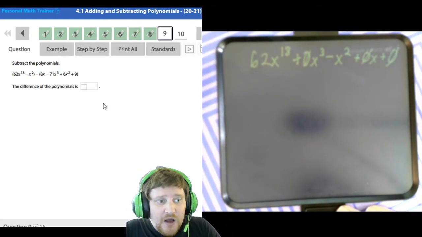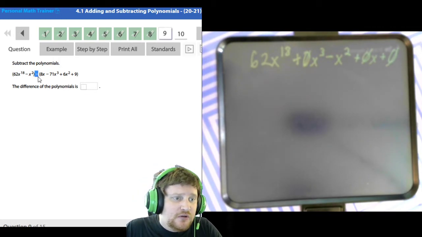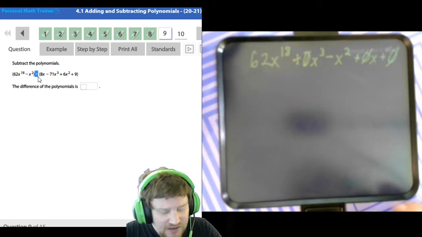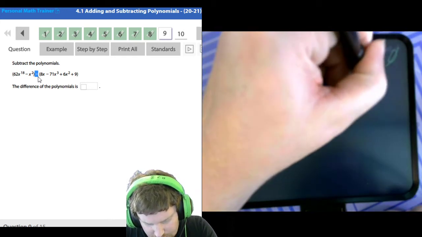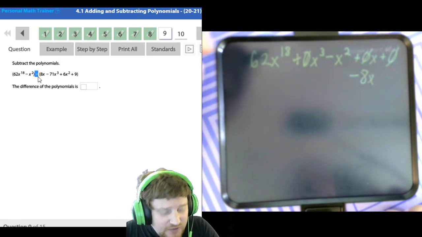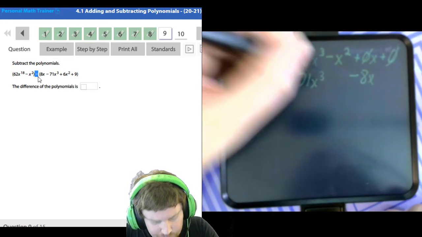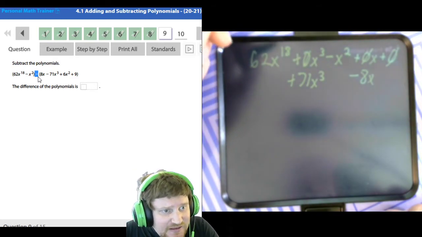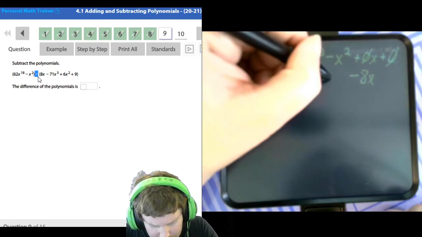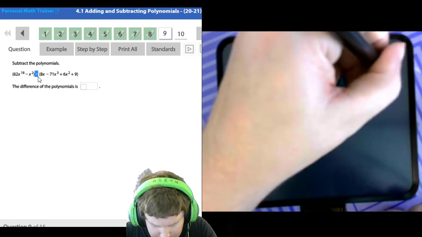So on the bottom, everything changes signs because it is subtraction. So I have negative 8x, positive 71x cubed, negative 6x squared, minus 9.